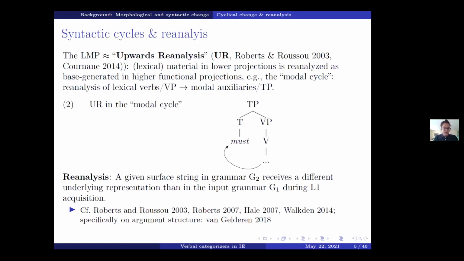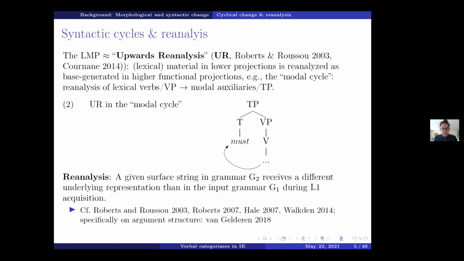So this, if you will, is a type of upwards reanalysis that has been discussed throughout the literature by Roberts and Roussou, for example, and Van Gelderen 2014 and other work, where basically the generalization is that material in lower projections is reanalyzed as base generated in a higher projection. And this can take the form of lexical verbs, for example, becoming reanalyzed in functional projections in the TP domain.